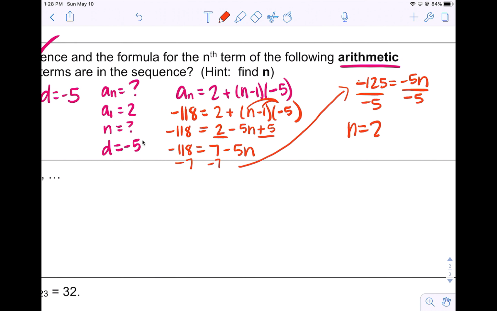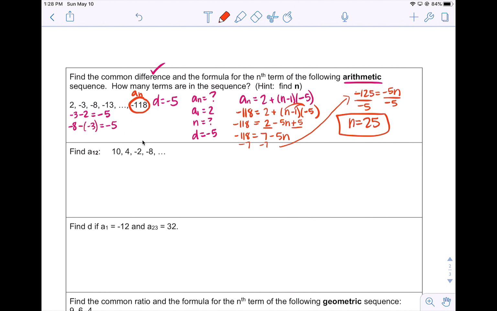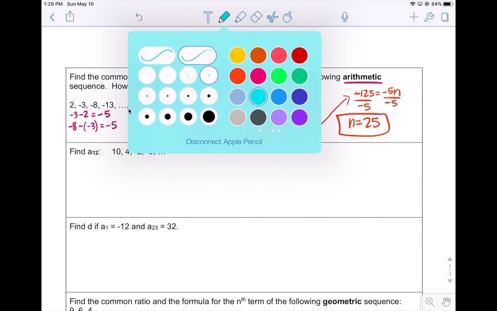So the n would be 25, meaning it would take 25 terms in this sequence for me to get the number -118 in that sequence. So there must be 25 terms to get from 2 to -118 by subtracting 5 every time. So I start at 2, and it would take me 25 times of subtracting 5 to get to the number -118.